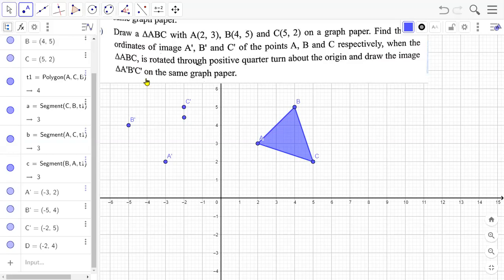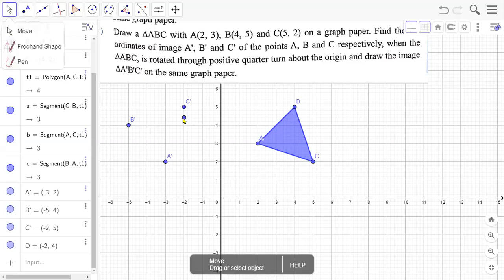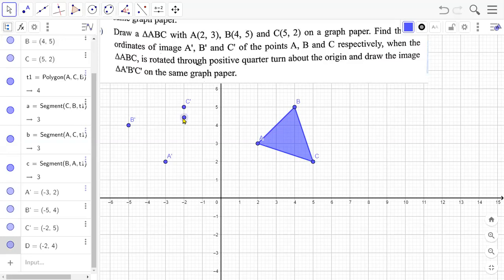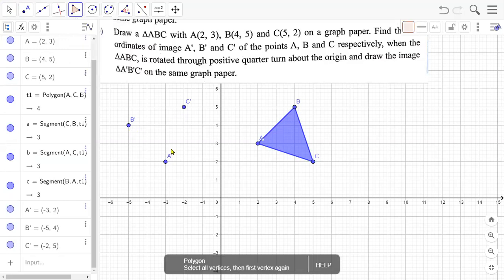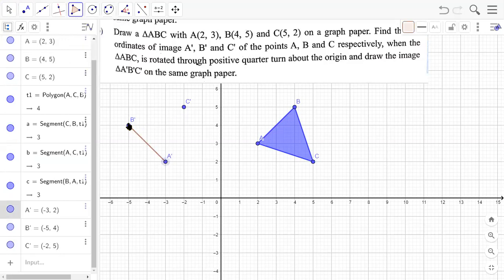Let me just delete these unnecessary points. Here this point is the C dash, the image point of the vertex C. The next step is connecting these image points A dash, B dash, C dash, and again A dash.